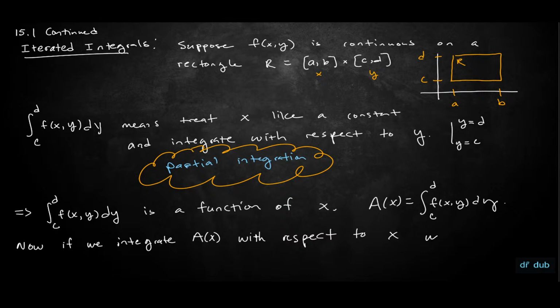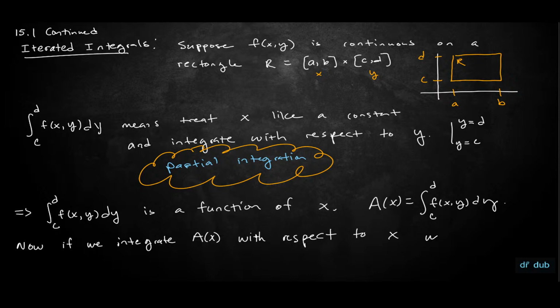the integral from a to b of the integral from c to d of f of x,y dy, and then we're integrating that with respect to x. And often we just write them the same size. Integral a to b, integral c to d, f of x,y dy dx.